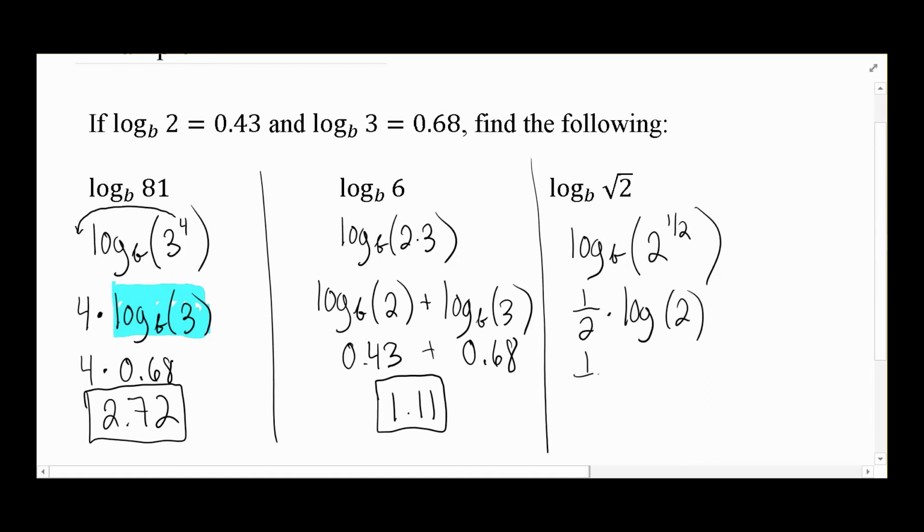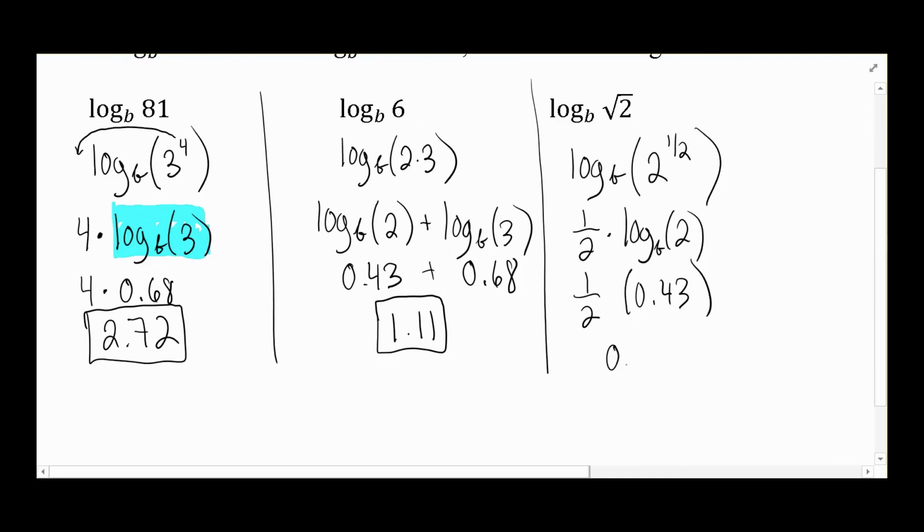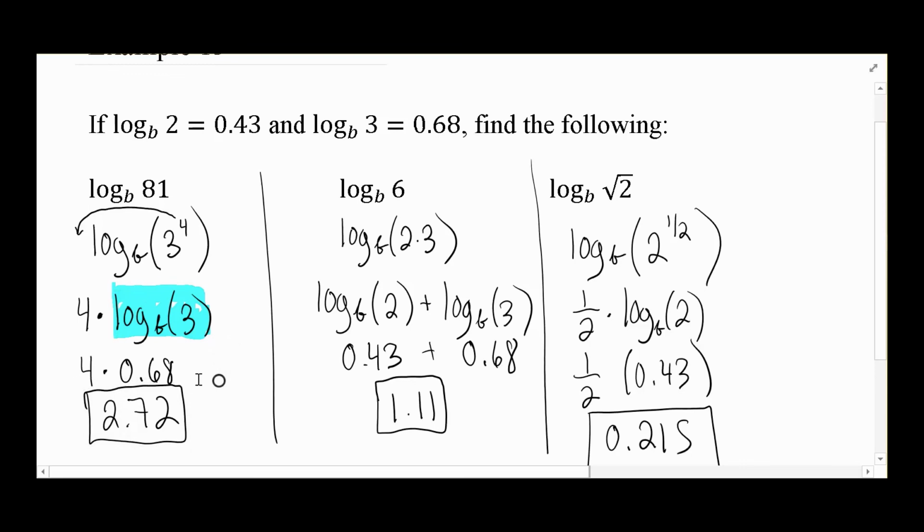And then we can do the substitution that log base b of 2 was 0.43, half of which is 0.215. And so that's the answer for log base b of square root 2, given those initial values that we have.